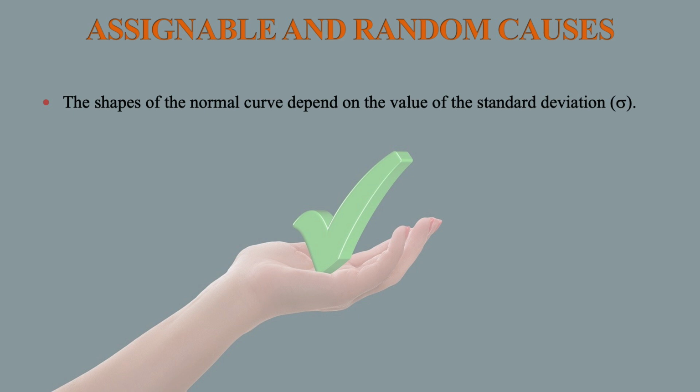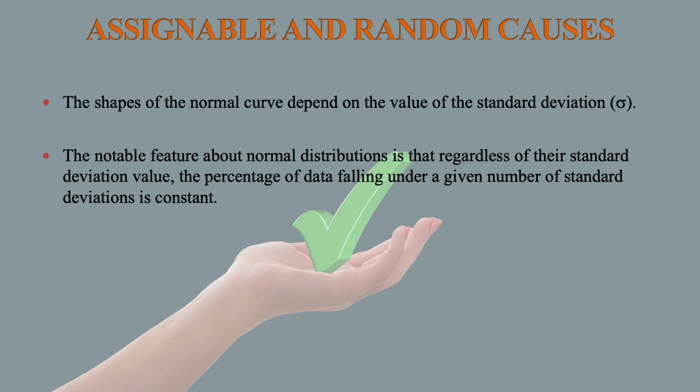The shape of the normal curve depends on the value of the standard deviation. The notable feature about normal distribution is that regardless of the standard deviation value, the percentage of data falling under a given number of standard deviations is constant.